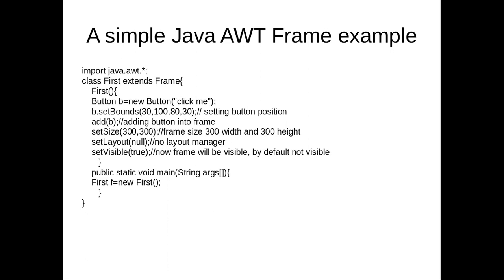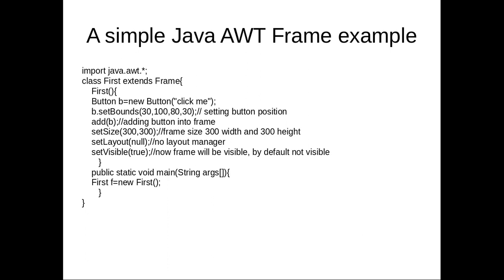Then the width of the button is 80 and the height is 30. add(b) means once you have created that button object, you are going to add it to the current object. The current object is the frame First, which is a subclass of Frame, and in that frame you are going to add this button, that is add(b).